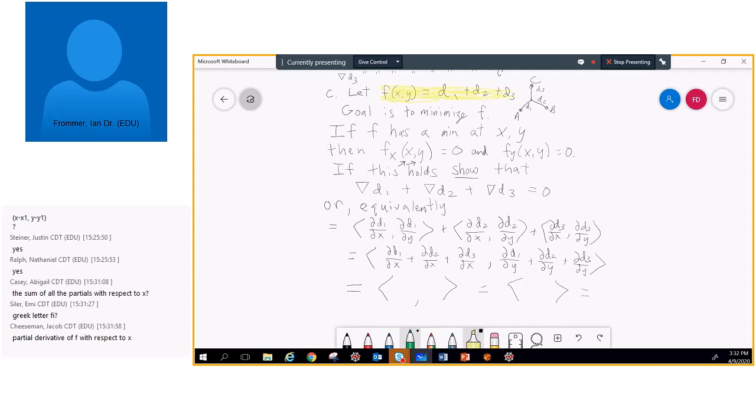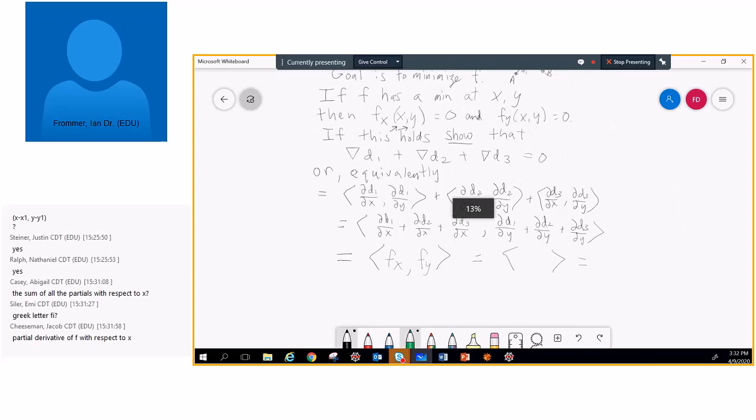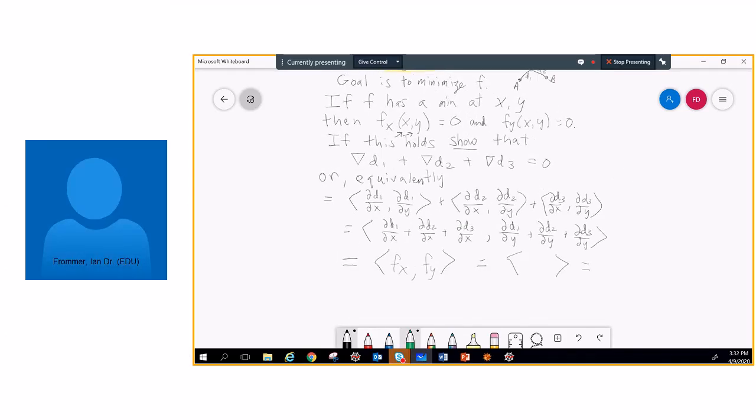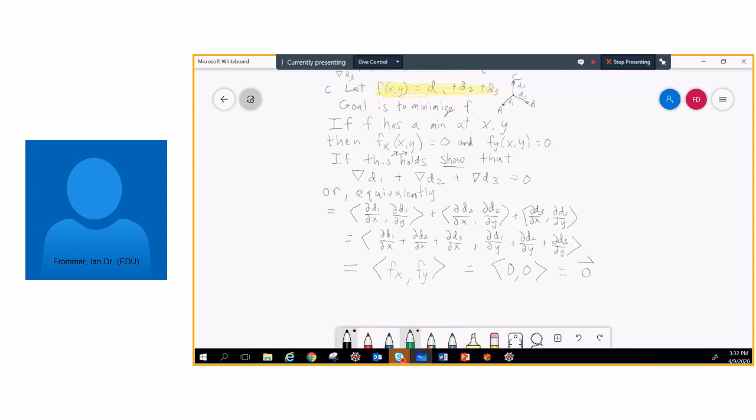And if I take the partial of that with respect to x, so I'll just use that notation, fx, fy. But that's equal to, as you guys might have noticed from up at the top here, that's just going to be 0, 0. And so what we end up with is that this is the 0 vector. That's what we wanted to show. So this sum of the gradients ends up equaling the 0 vector.